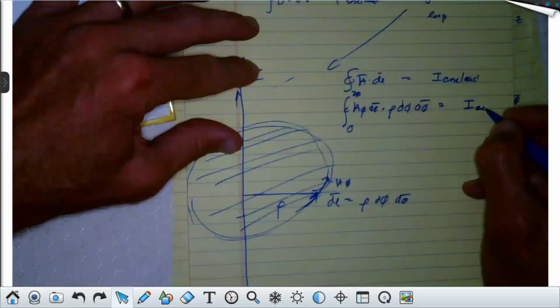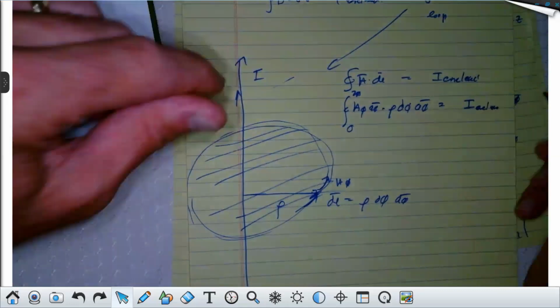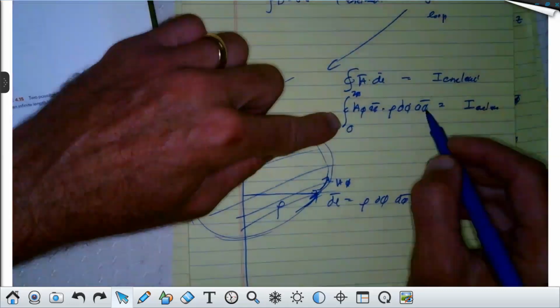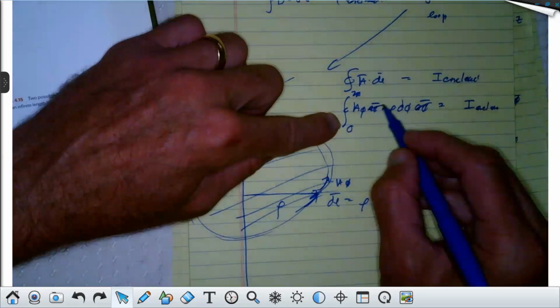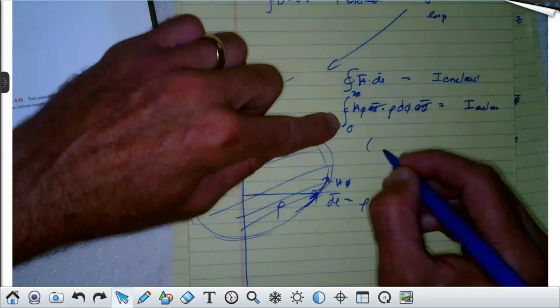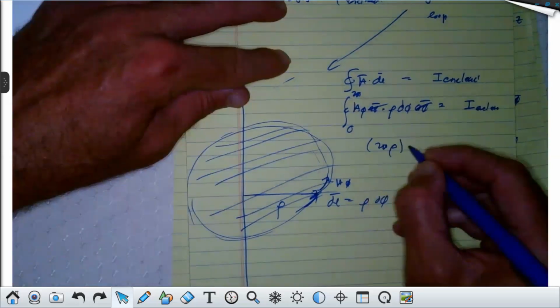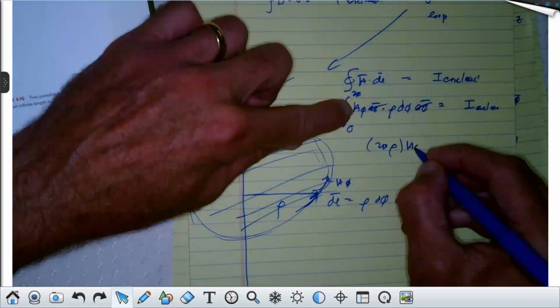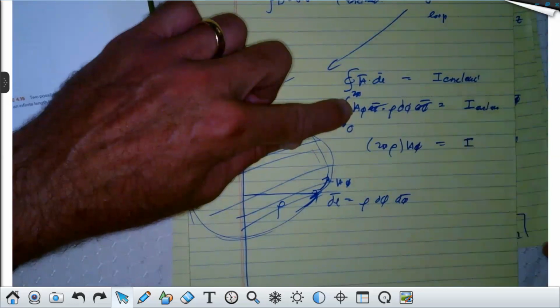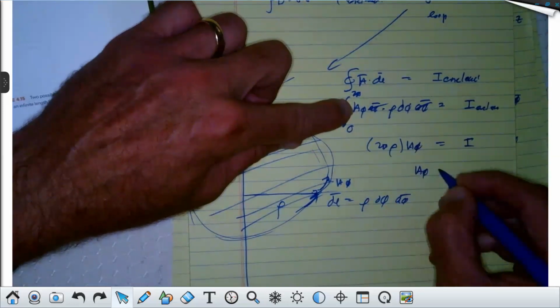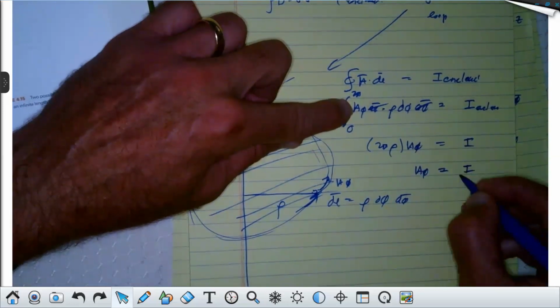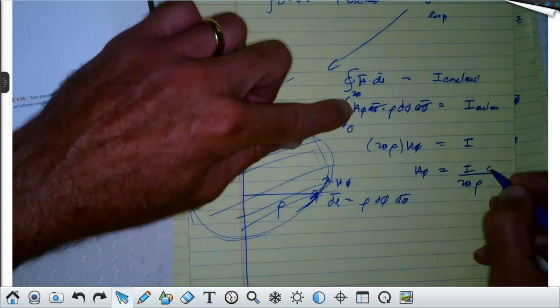In our case, it's just I. So you can see that in this integration, a phi dot a phi is 1. Rho is a constant, so I end up getting the perimeter, which is just 2 pi rho, times H phi is equal to I, and therefore H phi is equal to I over 2 pi rho a phi.